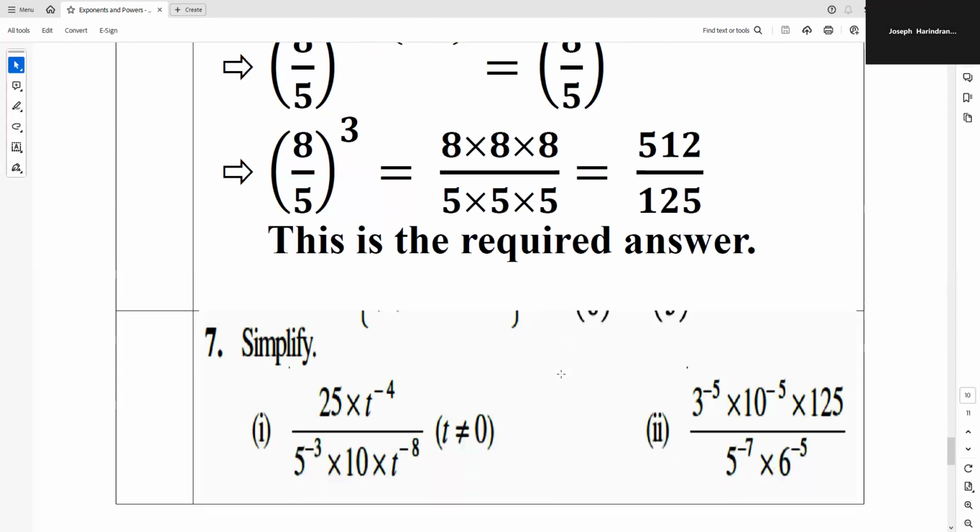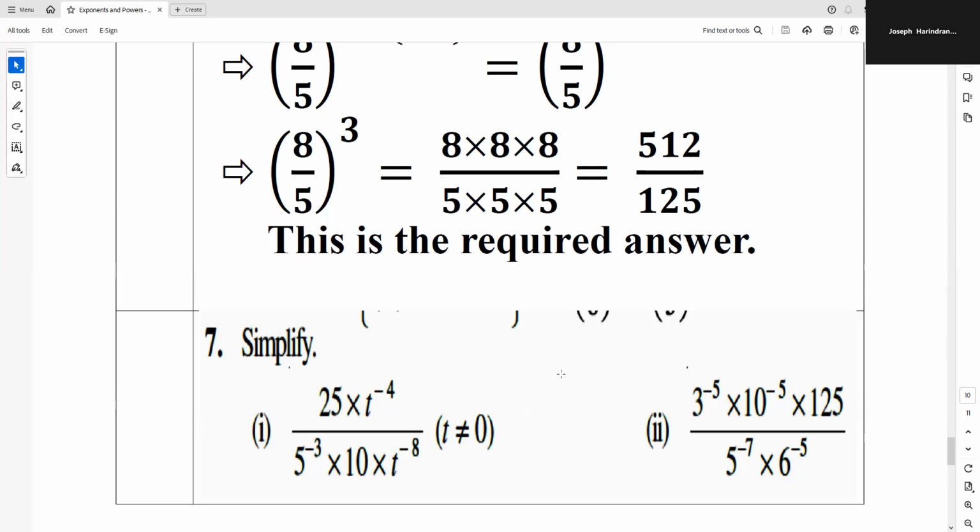The 7th question and the 8th question are given as homework. We can easily do this. You can try them. 25 into t to the power minus 4 divided by 5 to the power minus 3 into 10 into t to the power minus 8. First of all, t is there, so you can use that t, the same base. We can use the exponent rule, because you can change one of the negative powers to a positive exponent.